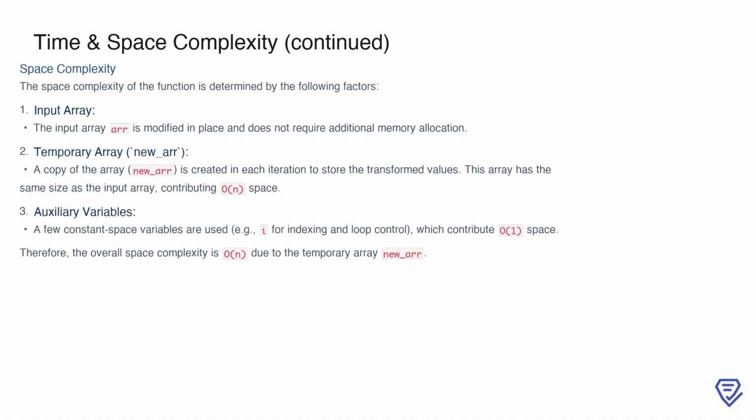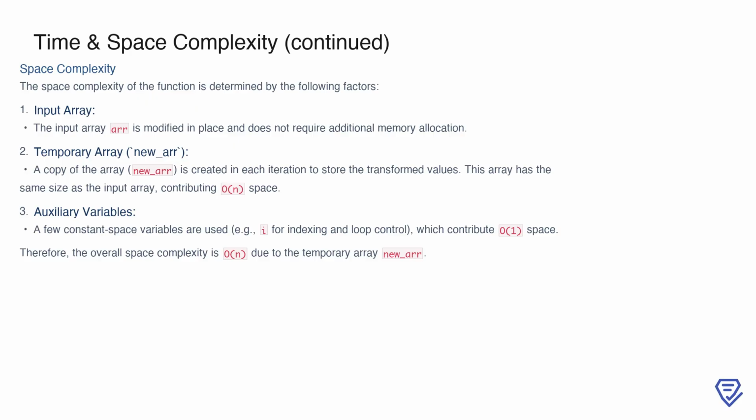Now, let's discuss the space complexity of the transform array function. The space usage primarily comes from three components. First, the input array ARR is modified in place, meaning no additional memory is allocated for it. Second, a temporary array called new_RR is created during each iteration to store the transformed values.